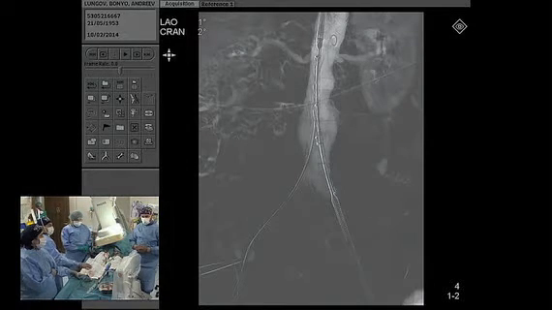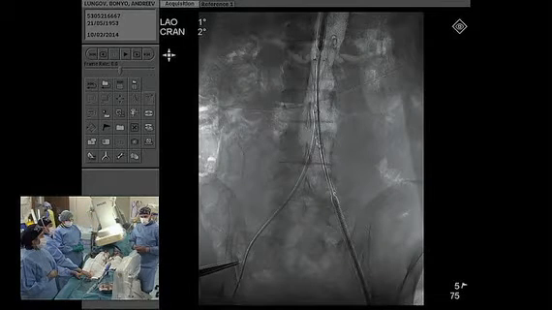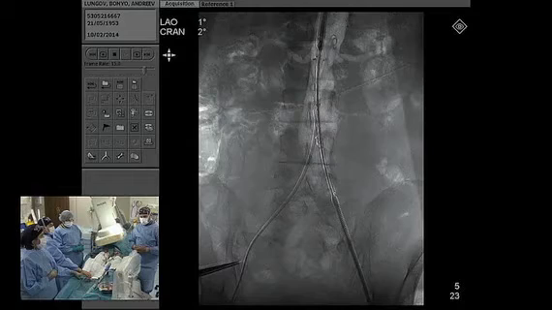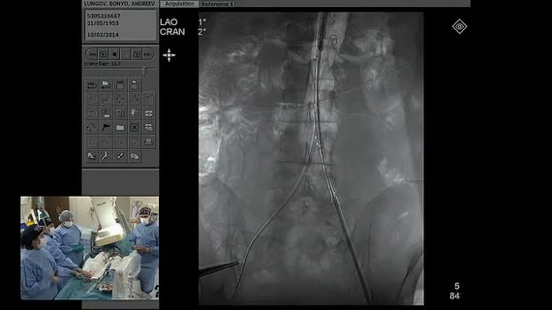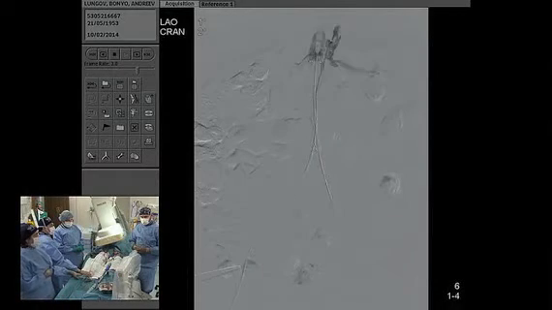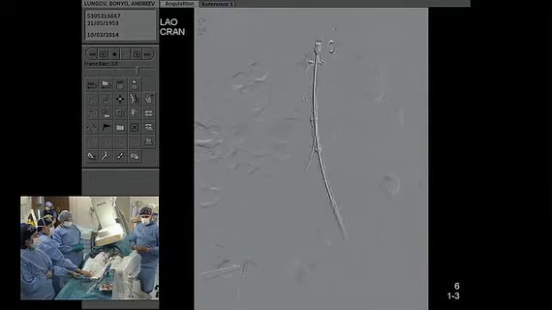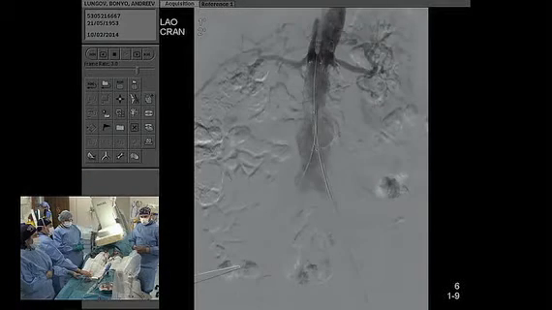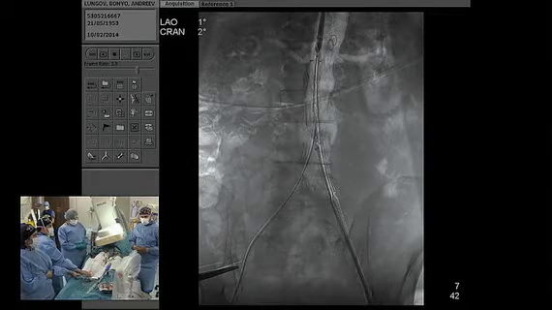So this is the main body opening. You see the opening of the main body of the Endurant stent graft. Next, please. So this is the control angio just before releasing the main body.